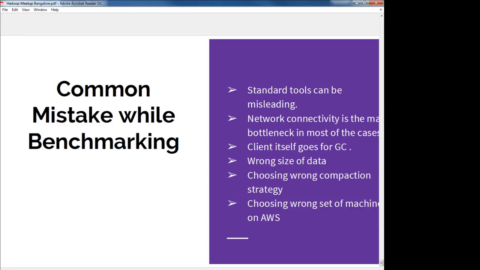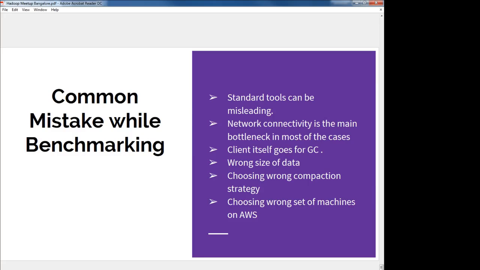Now the mistakes which we made, and which we found other people making, while doing benchmarks. Standard tools can be misleading. Just as you said about YCSB, you can't rely on them because they have their own use case and only support certain read and write patterns, and your case may be totally different. Network connectivity is the main bottleneck in most cases, and we often ignore it by looking at stats only on the server side.